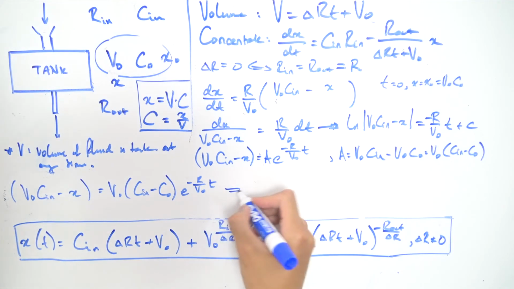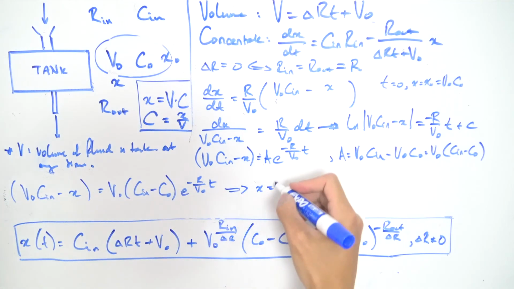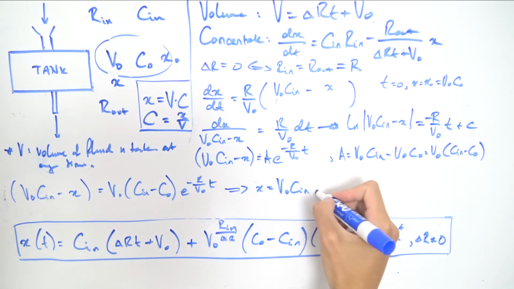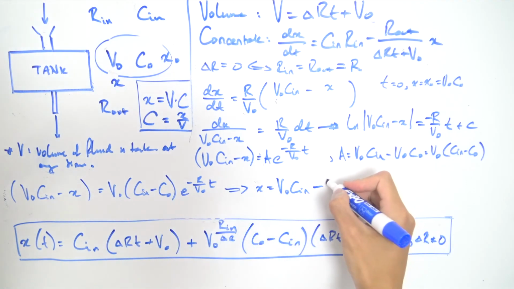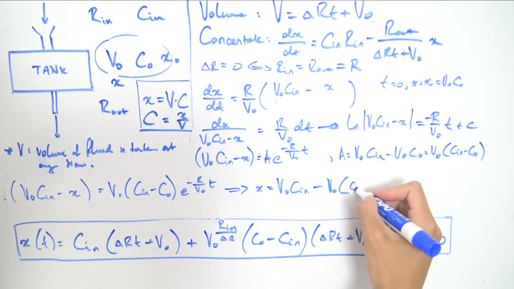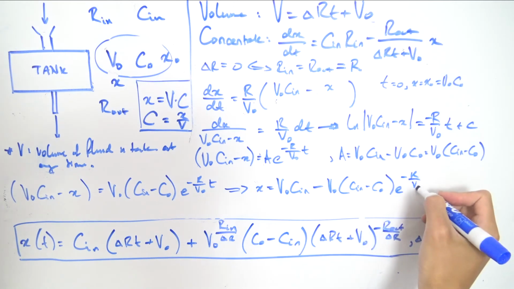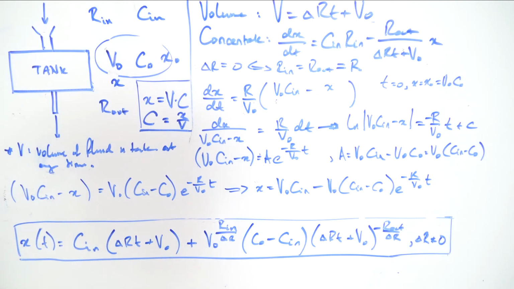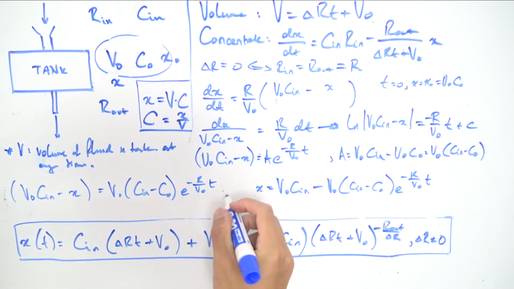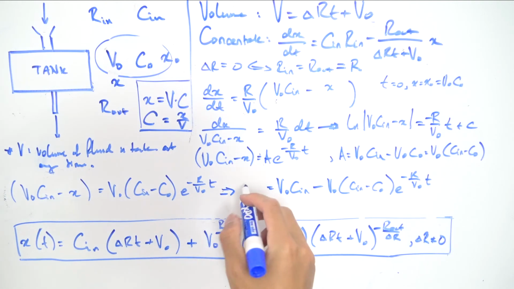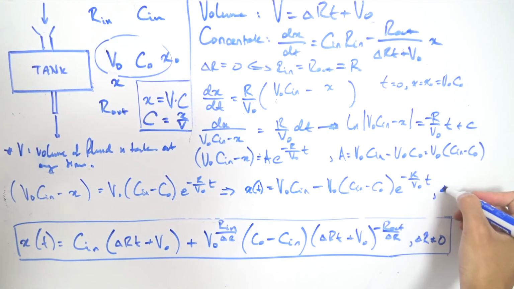And if we do that, we're going to get x is equal to v naught times cn, and then we're going to subtract off this whole entire right hand side, so minus v0, and then cn minus c0, e to the minus r over v0 times t. And you can choose to factor out a v naught here as well if you want to, but I'm just going to leave that. So that's our final expression for x of t, and this is for when delta r is equal to 0.